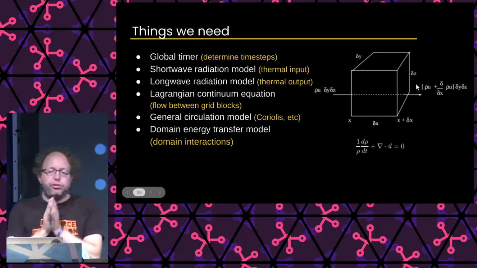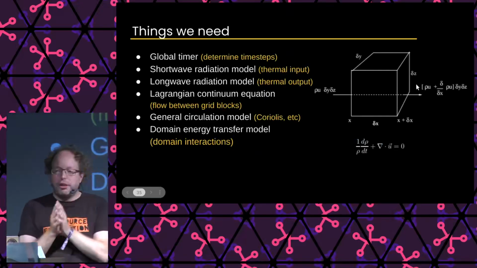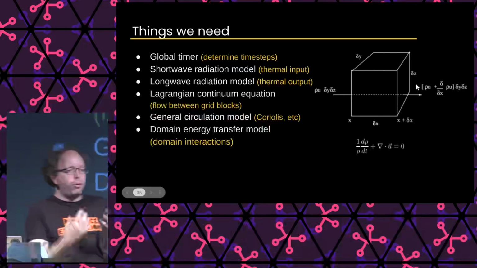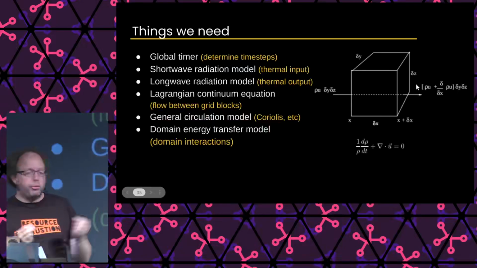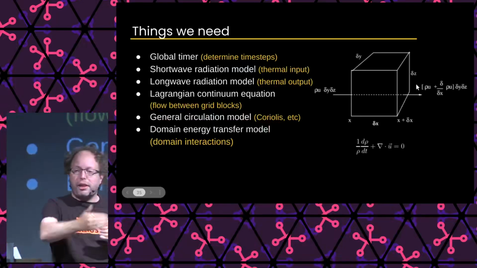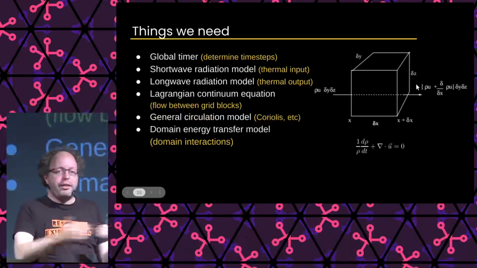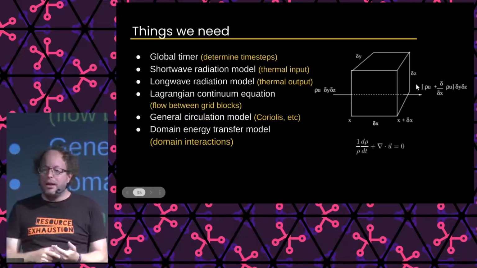And regardless of which grid you select to do this computation, the next step you need to codify the physics on that grid. And so we need a few things. We need, first off, a global timer because we need to calculate the time steps. This is just the same as in any computer game, how you get a game loop, right?